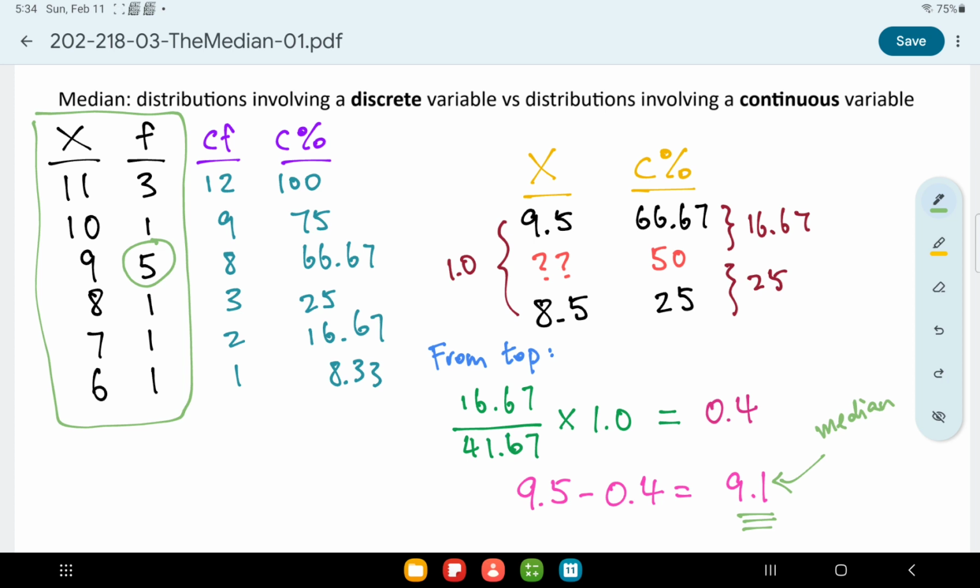The area toward the left side of 9.1 is the same as the area towards the right side of the histogram. That's what you would find. Okay? Proceed, verify my claim, and I certainly hope again that this tutorial helps.